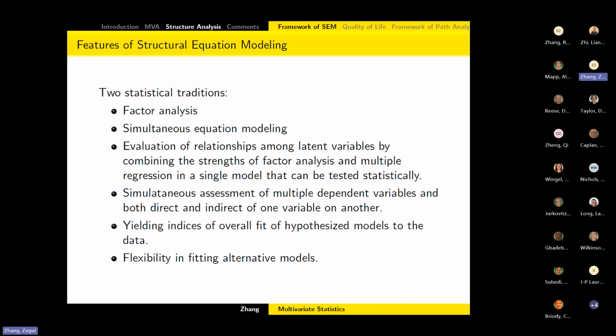This allows evaluation of relationships among latent variables by combining the strengths of factor analysis and multiple regression in a single model, which can be tested statistically. It allows simultaneous assessment of multiple dependent variables and both direct and indirect effects of variables on another. We can generate some indices of overall fit of the hypothesized model to the data, and we are flexible in fitting alternative models.